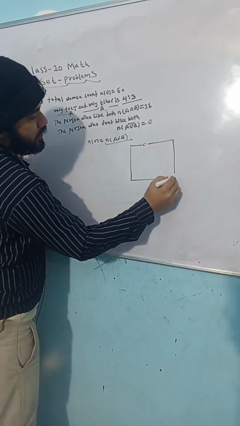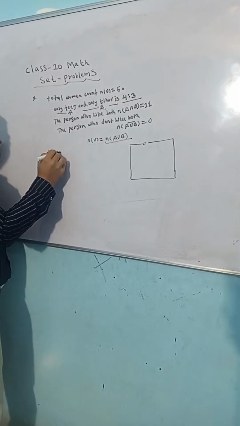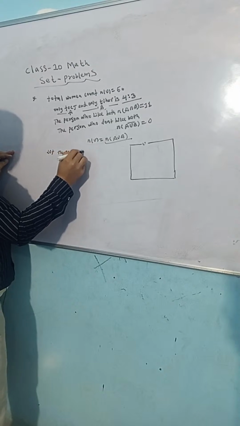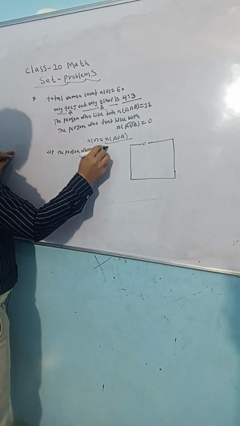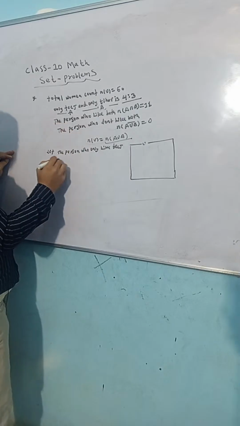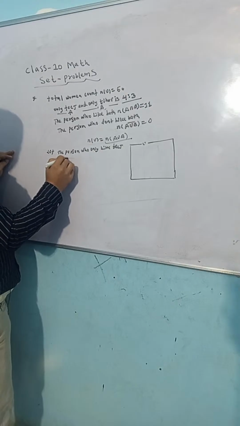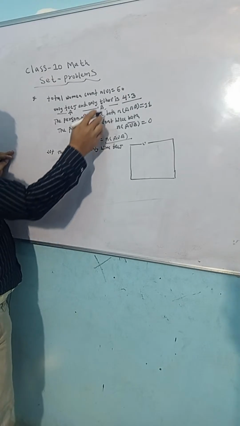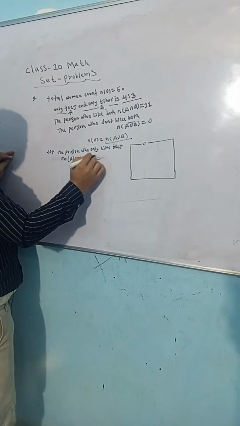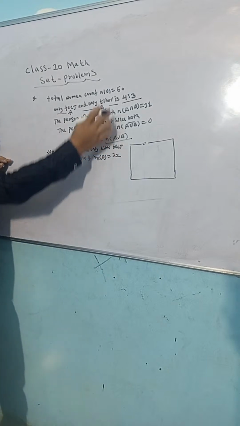First of all, assume let the person who likes only Tej, and I have indicated Tej with A, be 4x, and only B, Tihar, be 3x. You can assume 4x and 3x.